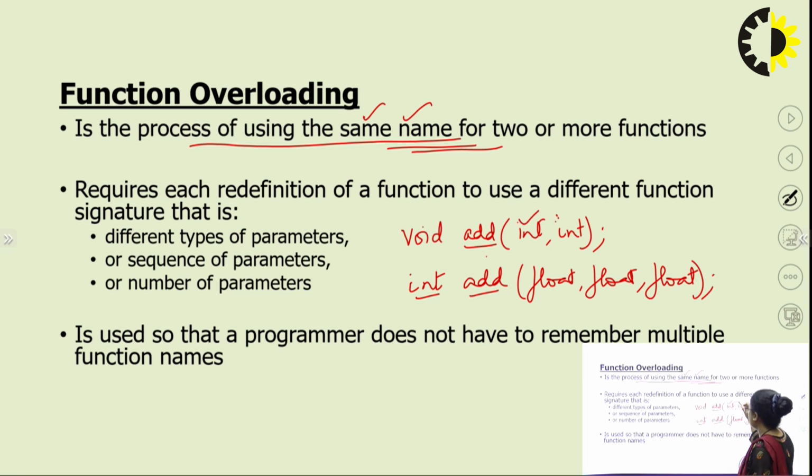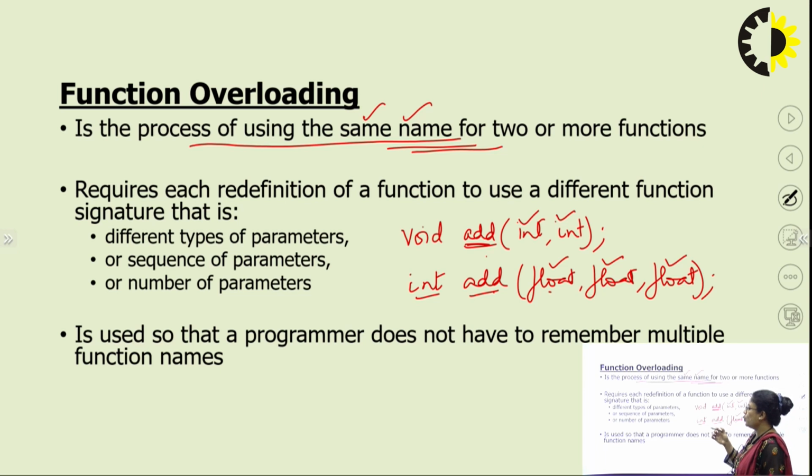But the arguments, or the very objects on which these functions are working, are different. And this is the very concept of function overloading, where we are overloading a function to do more than one task. The first one will do the task of addition on integer numbers. The second one will do the task of addition on floating point numbers.